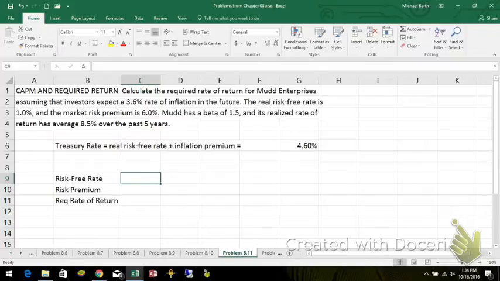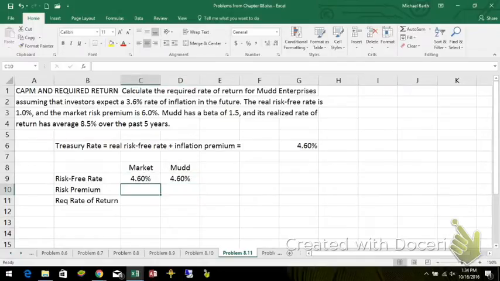I'm given some other information in here, the market risk premium and the risk-free rate, which I've just calculated, and I can add these. The risk-free rate is going to be 4.6% for the market as well as for Mudd.